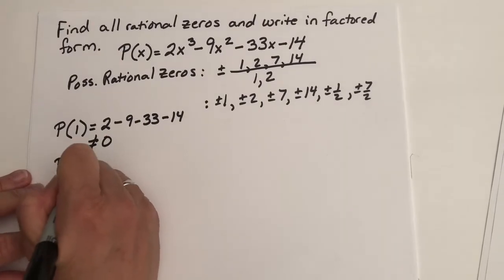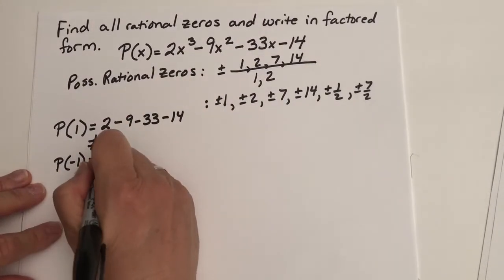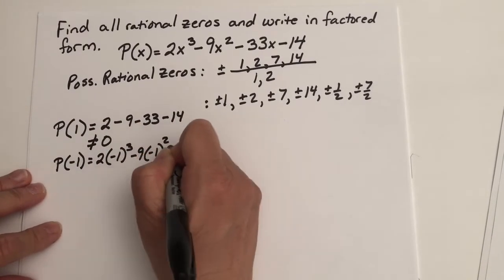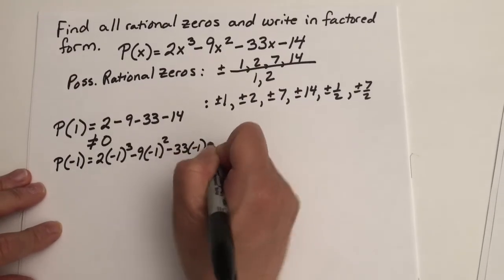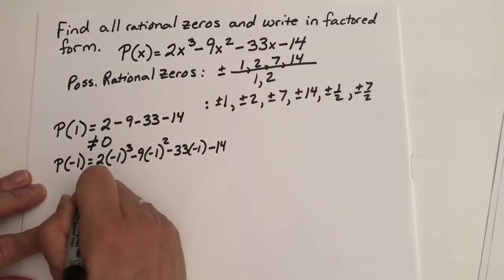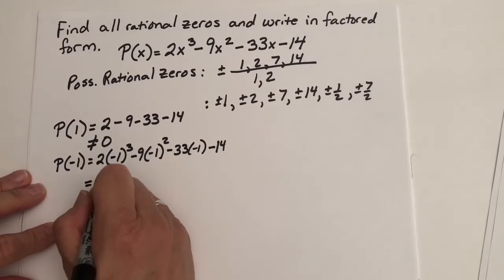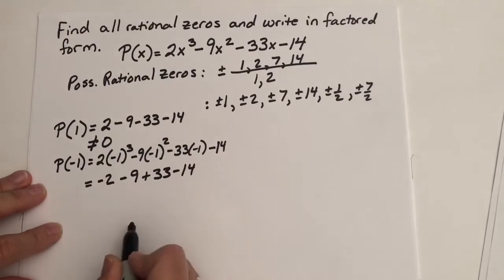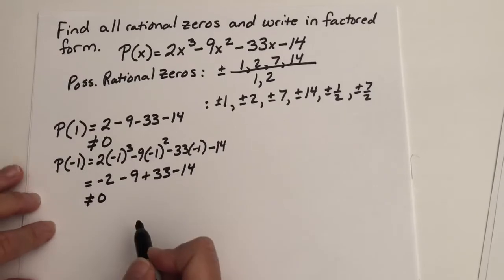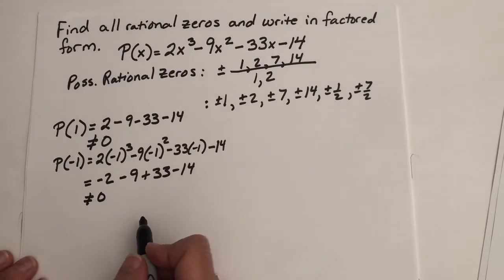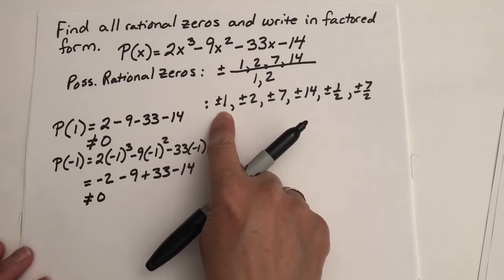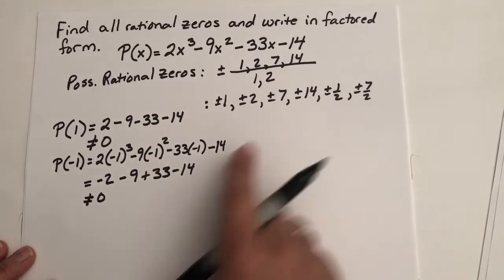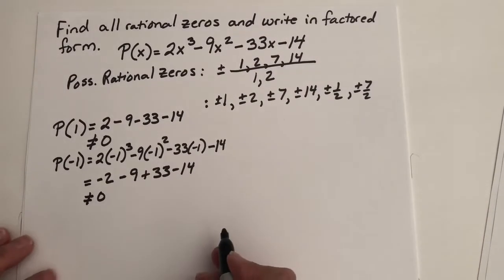I could put negative 1 in. 2 times negative 1 cubed, minus 9 times negative 1 squared, minus 33 times negative 1, minus 14. And do the arithmetic. What do I get? I have negative 2 minus 9 plus 33 minus 14. Again, don't know what it is, but it's not 0, so I would move on. And I just chose these numbers to test first because those were the easiest. I could have chosen negative 1/2 or positive 14, but I usually start with the ones that are easier.